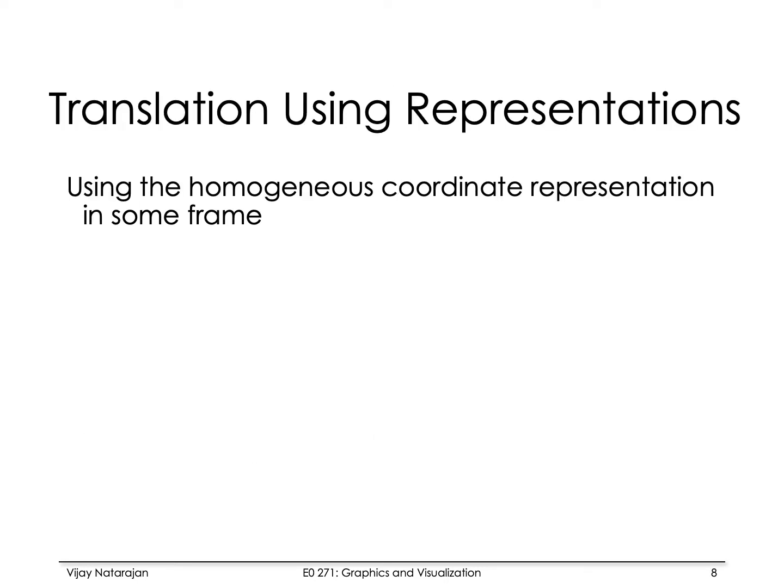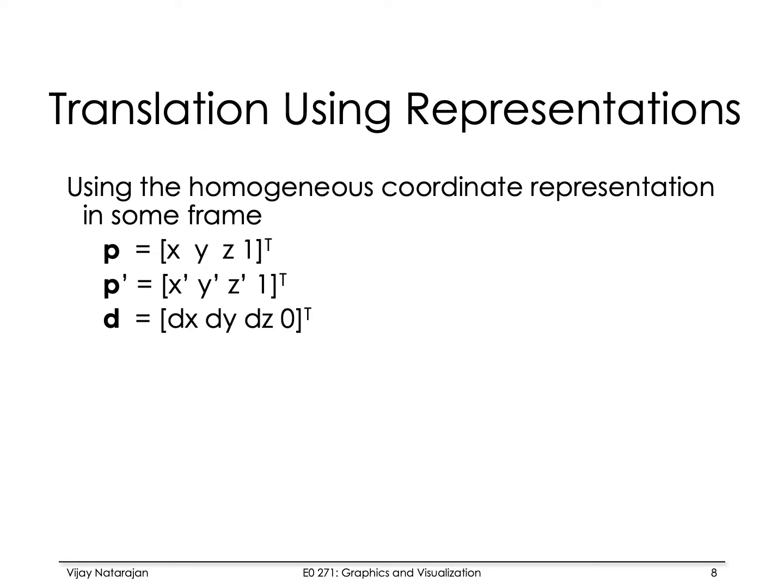So let's look at the mathematical representation of translation using homogeneous coordinates. Of course, we will assume a reference frame. Let P be the point that we want to displace, and P prime is the displaced point or the translated point. The displacement vector is given by D. You notice that the fourth coordinate is 0.